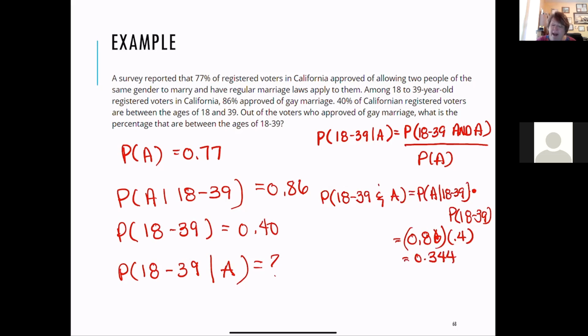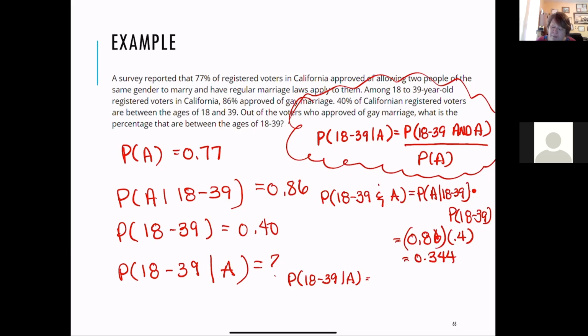So now I know everything in this formula up here. So the probability that I'm between the ages of 18 and 39, given that I approved, is 0.344 divided by the probability that I approved, 0.77.